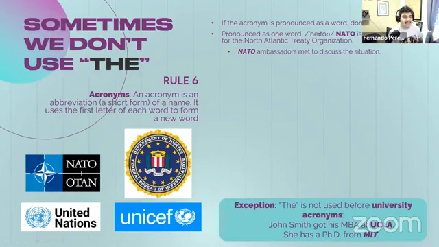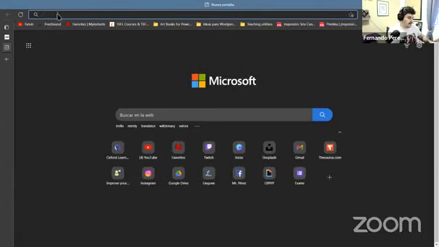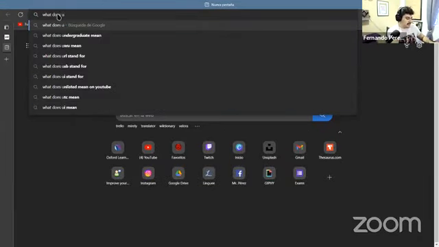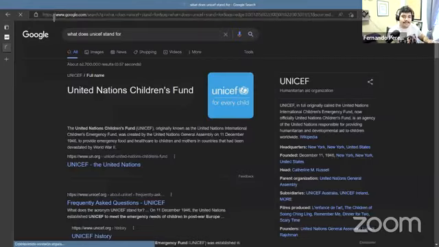One of my previous classes told me about the word UNICEF. UNICEF is an acronym for, let's check. What does UNICEF stand for? United Nations Children's Fund.